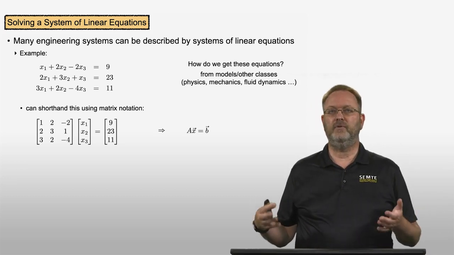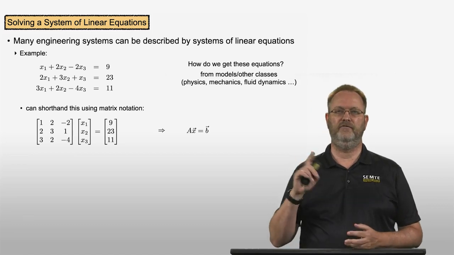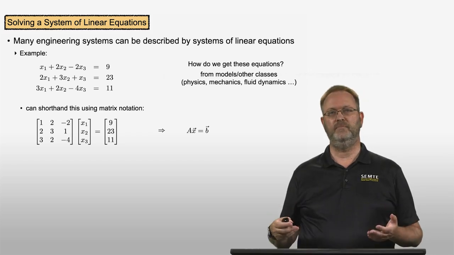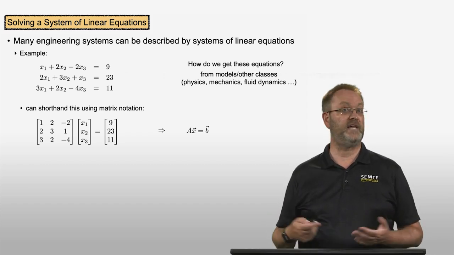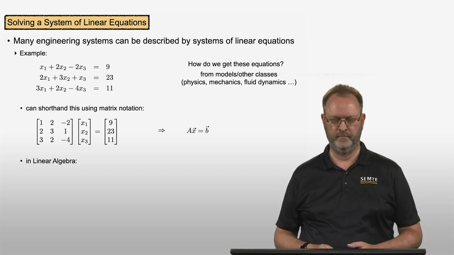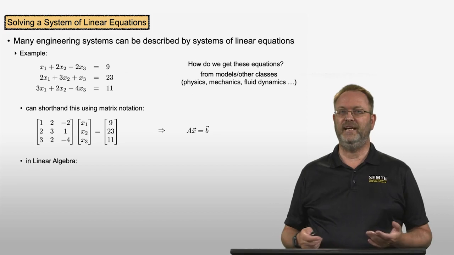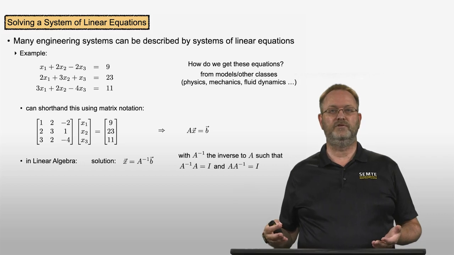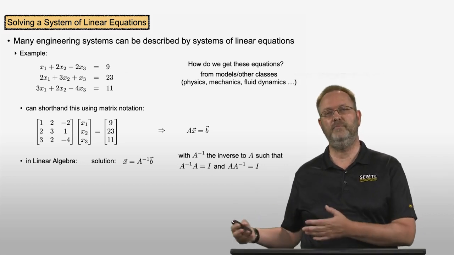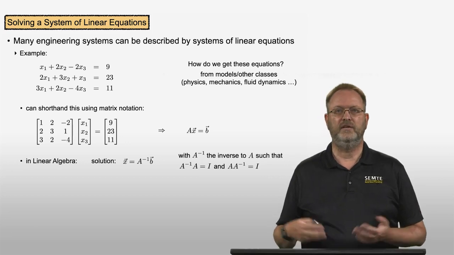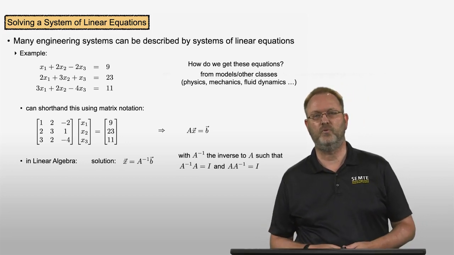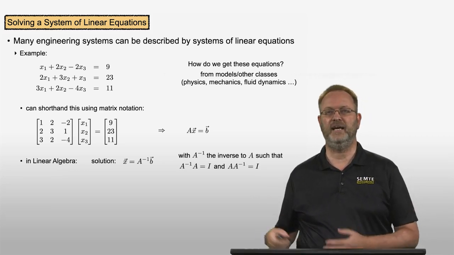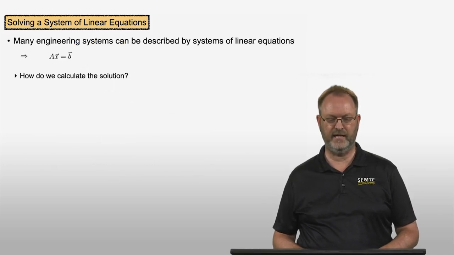Now, from linear algebra, we can write this in a shorthand way using a vector, an arrow on top of a vector. We can write the matrix A times a vector of unknown values x is equal to a given right-hand side B. And if we want to solve this, this becomes really easy in linear algebra, because I can directly write the solution, that the solution vector x is equal to the inverse of A times the right-hand side vector B. And the definition of an inverse, if the matrix A is square, is simply that A inverse times A is equal to the identity matrix, and A times A inverse is equal to the identity matrix as well.